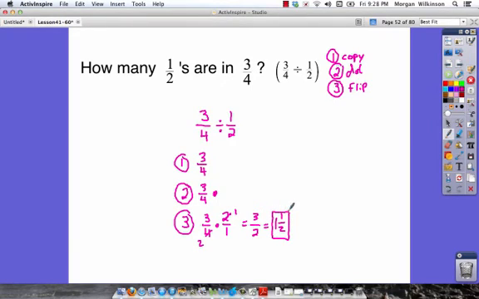Now in this problem, if you do not like to simplify before you're multiplying, you're missing out. But you can still do that. You're missing out because it's a nice shortcut. But if you don't do that, what you would have done would have been 3/4 times 2 over 1. Multiply straight across. 3 times 2 is 6. 4 times 1 is 4.